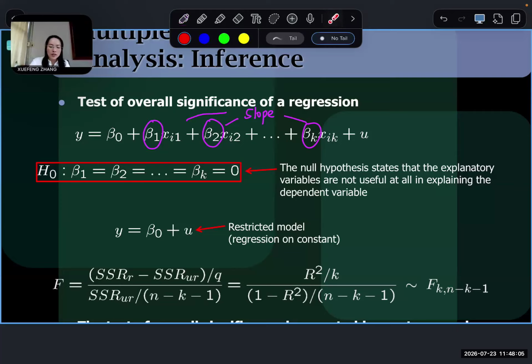So our hypothesis H0: beta 1 equals beta 2 all the way through beta k equals 0. This means none of our x variables help explain y at all. Every slope is 0. The null hypothesis states that the explanatory variables are not useful at all in explaining the dependent variable, which means none of our x helps.